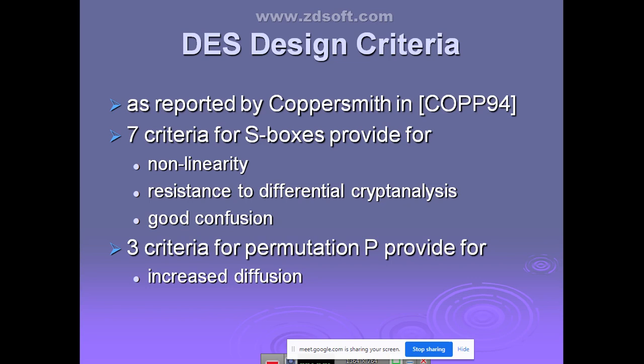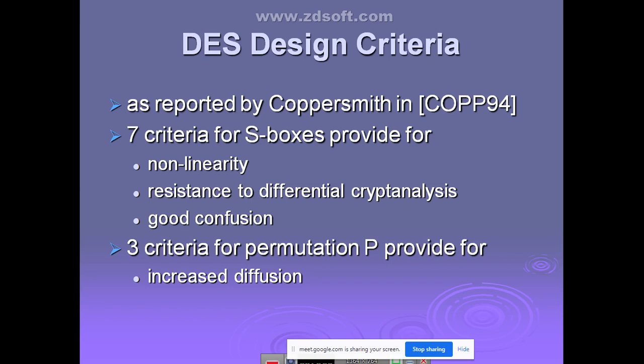How will it provide you greater security? What design criteria have been used so that it provides a higher level of security? One is by using S-boxes and the second is by using permutation. By using permutation, it gives increased diffusion. Already you have studied these two operations, guys. Substitution means replacing one bit with another bit. Permutation means rearranging the bits.